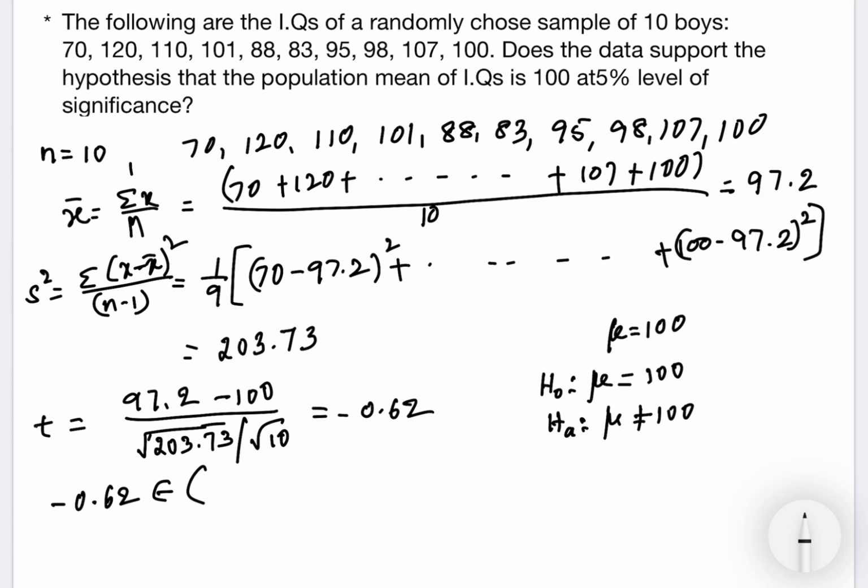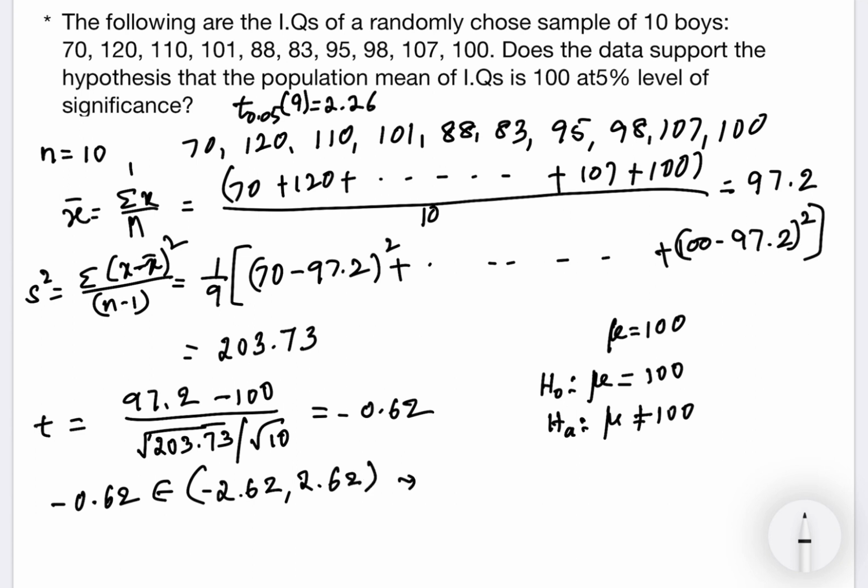TC at 5% level of significance, t 0.05 for 9 degrees of freedom, is 2.26. We need to check whether minus 0.62 belongs to minus 2.26 comma 2.26, and indeed it belongs to this interval.